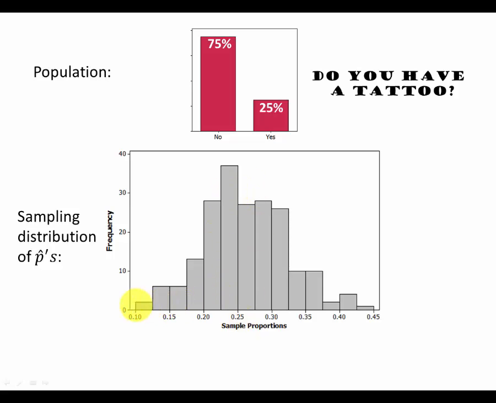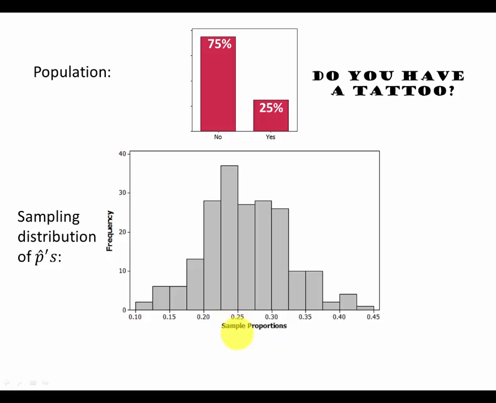With less frequency, we will see a sample proportion that's really small, back in like the 10%, 12% or so. And again, with less frequency, denoted by the shorter bars here, we would have a few samples with a much higher proportion of students than our 0.25 reporting yes, they have a tattoo. But the majority of them are hovering around our population proportion of 0.25.